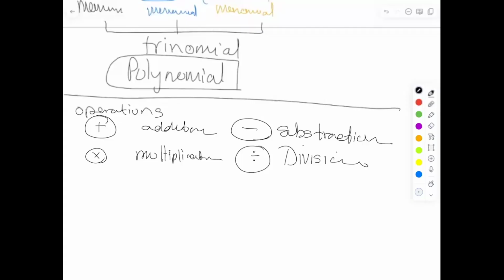No. Which one? Negative 4x squared. That's right. You are correct. That's good. Very good. What about the negative x?